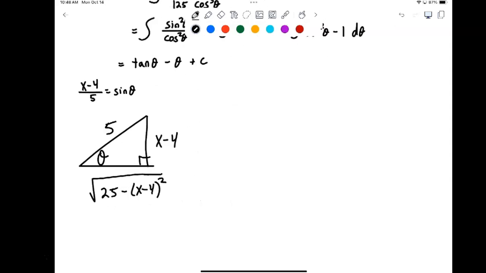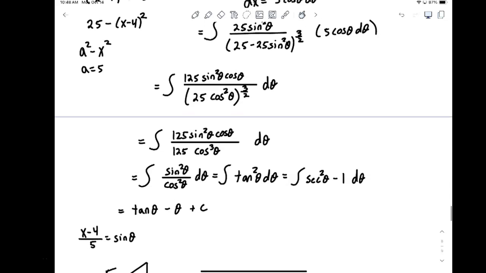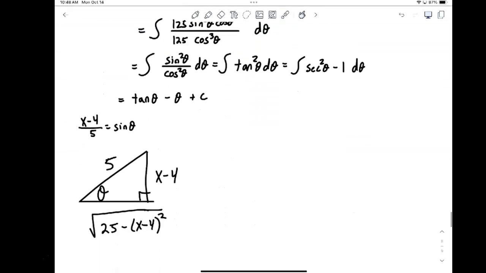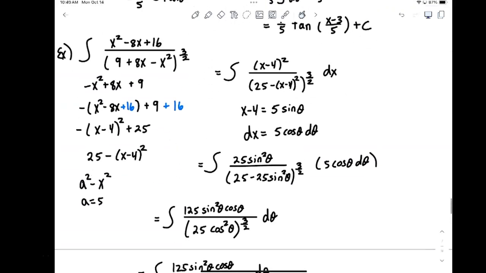Which, by the way, that 25 minus x minus 4 quantity squared, if you did simplify it, remember that stuff there is just what our original expression was if you simplified it. Or we can just leave it in that form as well. Either option is fine.